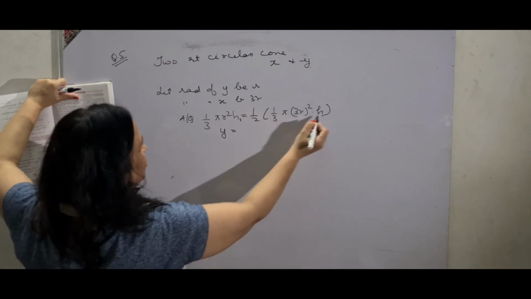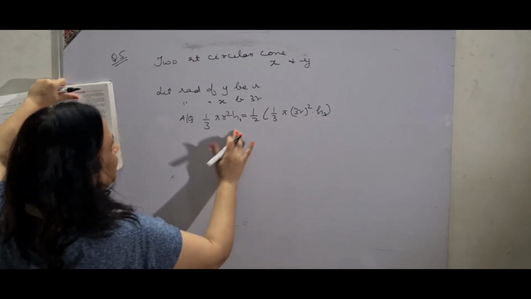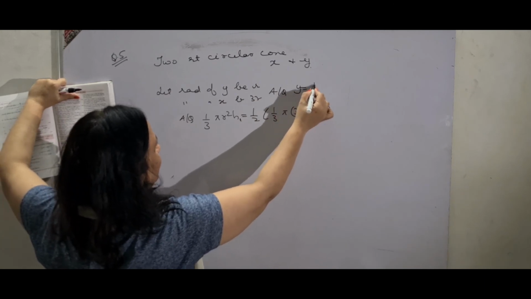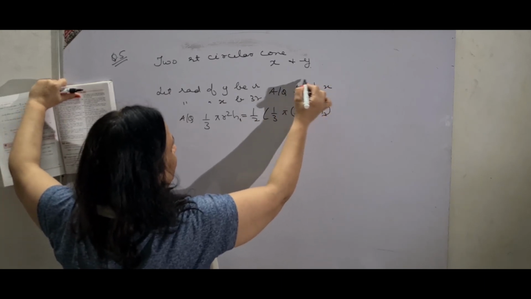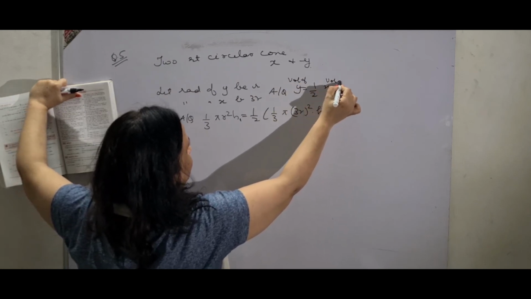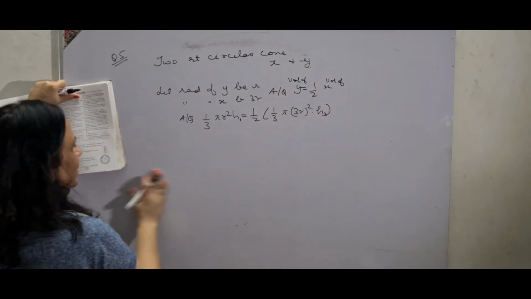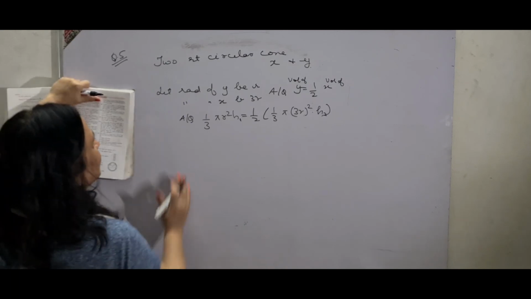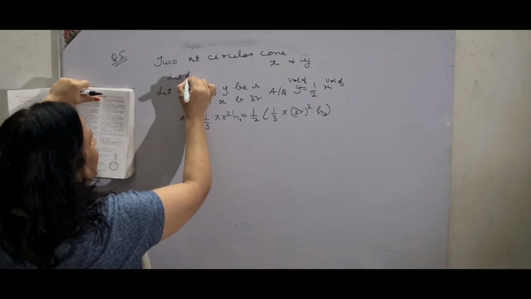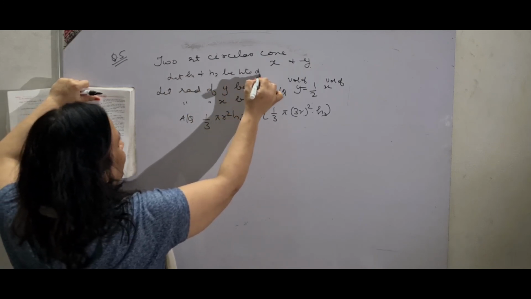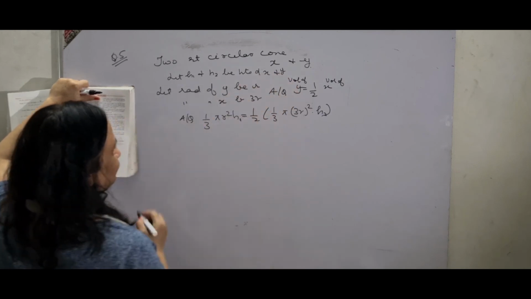Now take the heights to be h1, h2, because the volume of y is equal to half the volume of x. This is again the key. If you understand the language, nothing different. He asked you to find the ratio between the heights. You can write in the beginning only: let h1 and h2 be the heights of x and y.